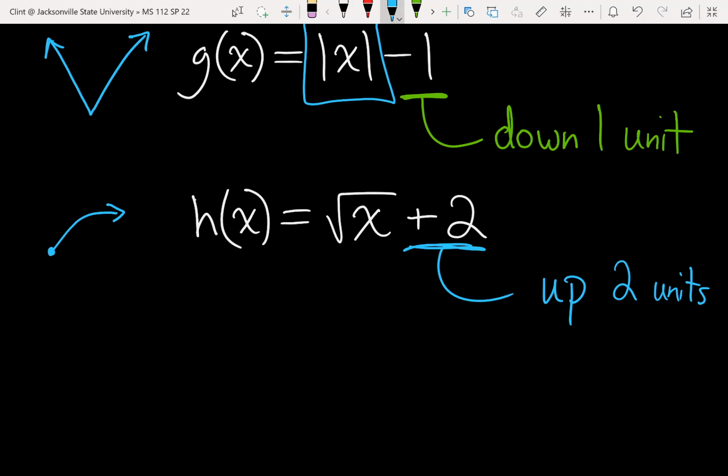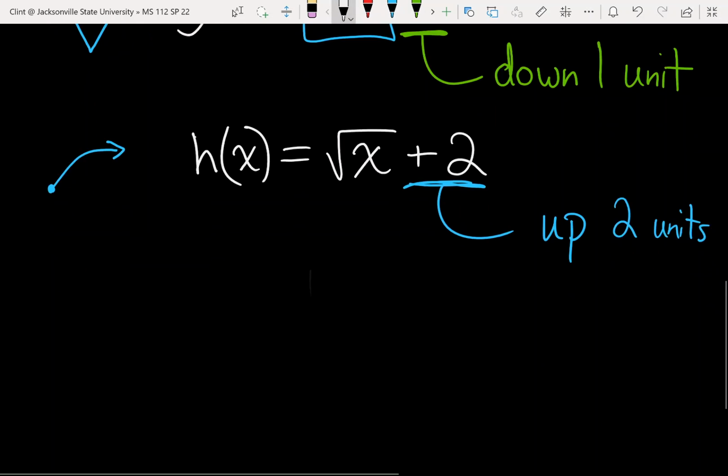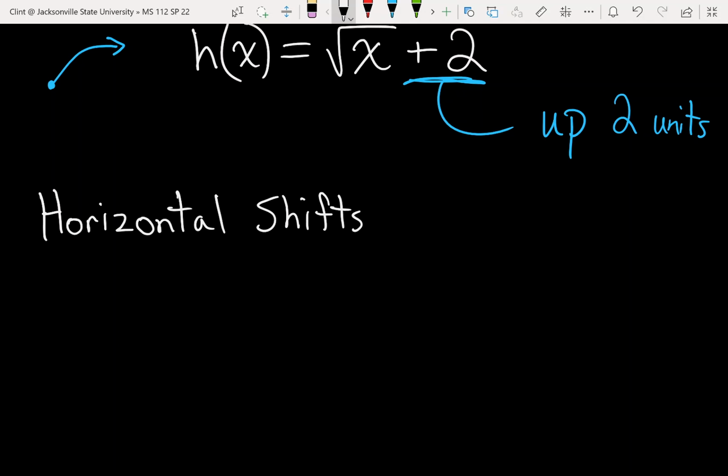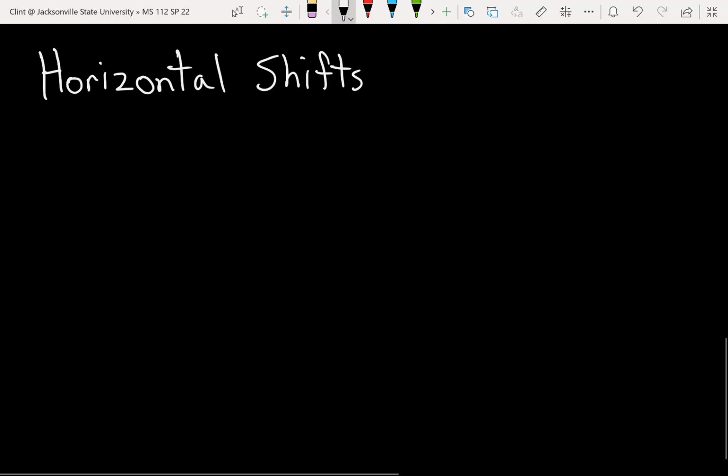The next kind of transformation we need to talk about is horizontal shifts. That's moving our graph left to right. Again, we're going to start with some basic function.